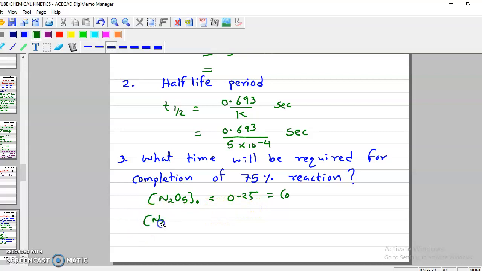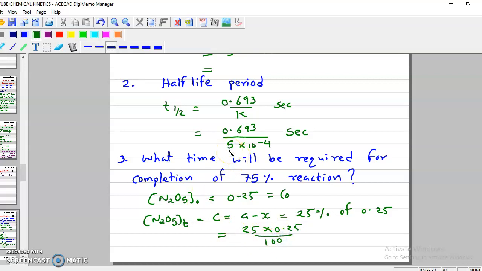Now N2O5 at time t, which is C, or it is equal to A minus X, is 25% left, because 75% is completed. So 25% is left of the initial concentration, that is 0.25. So C or A minus X is equal to 25 multiplied by 0.25 upon 100.